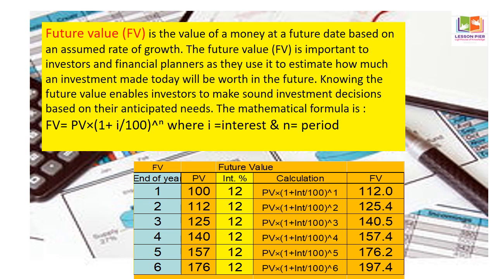The formula is given here, that is future value equals present value multiplied by 1 plus I divided by 100, the whole raised to the power n, where I stands for interest and n stands for period.